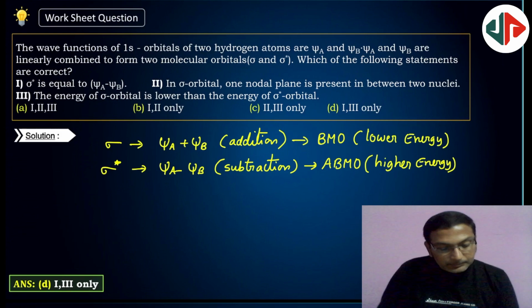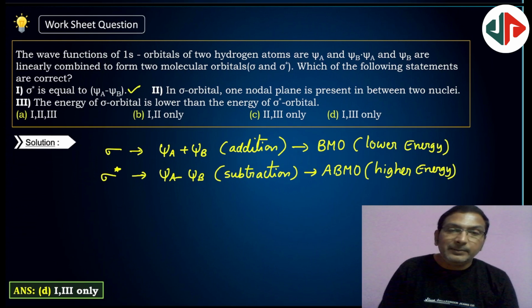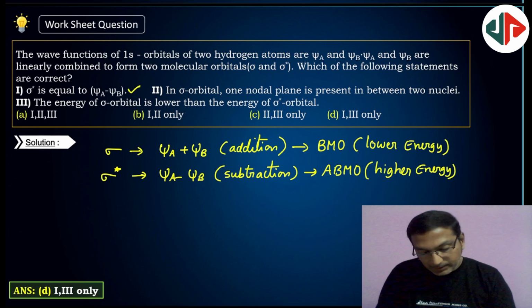See here statements. First statement, sigma star is equal to psi A minus psi B, which is correct. Next, second, in sigma orbital, one nodal plane is present in between two nuclei. In sigma orbital, there will be no nodal planes or nodes. Therefore, incorrect.